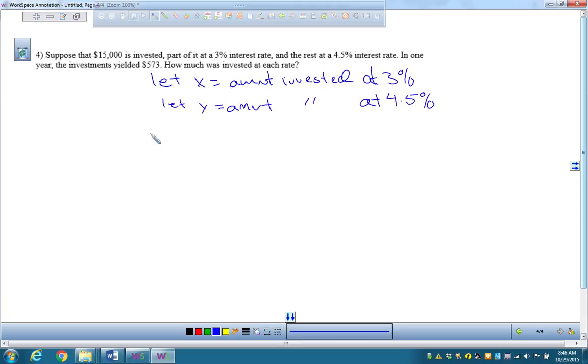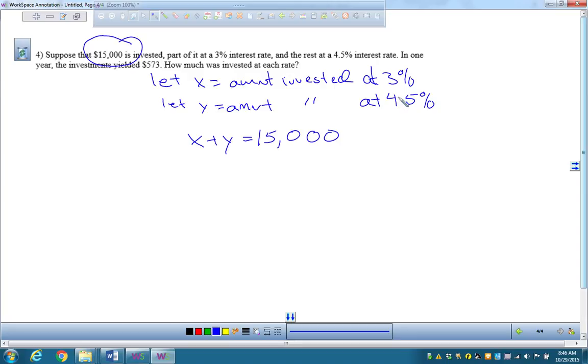And you know that x plus y equals something. Who knows what x plus y is equal to? How much altogether? Jessica? 15,000 altogether, right? X plus y equals 15,000, because this person took their $15,000 and they put in so much at 3% and so much at 4.5%.